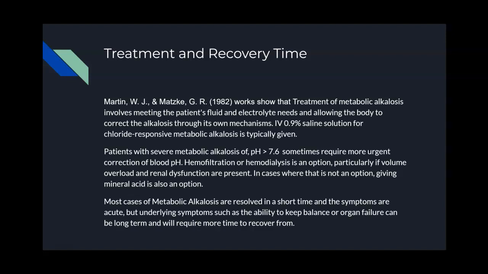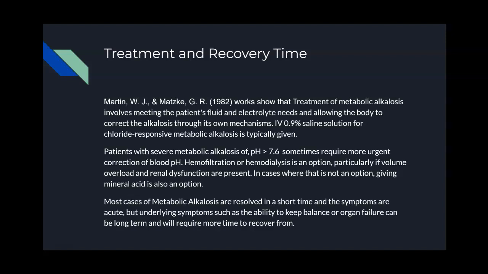Now, in cases where it is more severe, like being over 7.6, it would require urgent correction of blood pH through hemofiltration or hemodialysis, which would be filtrating the bases out of the blood.